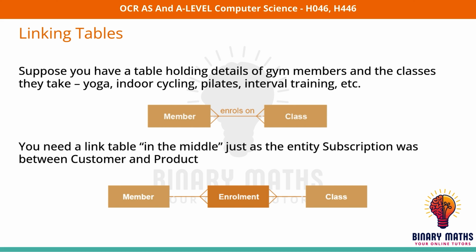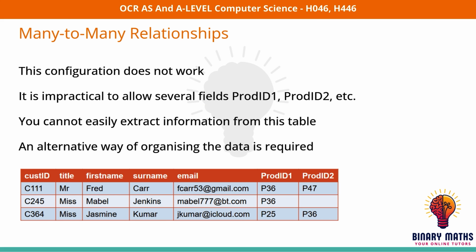So how do we handle many-to-many relationships? The answer is we use a linking table. This is an extra table that sits between two tables you want to link. For example, if you have a customer table and a product table, you'd create a subscription table that links the two.